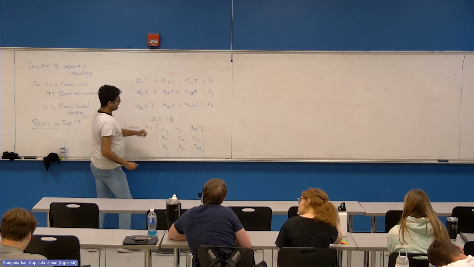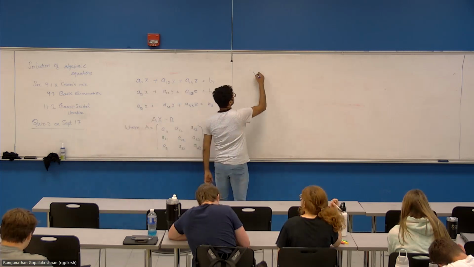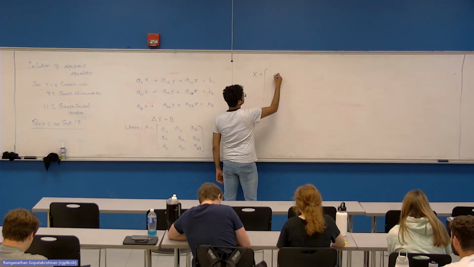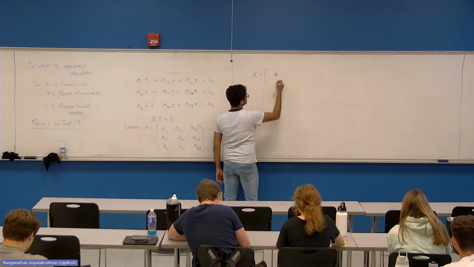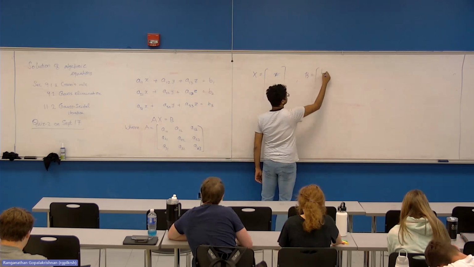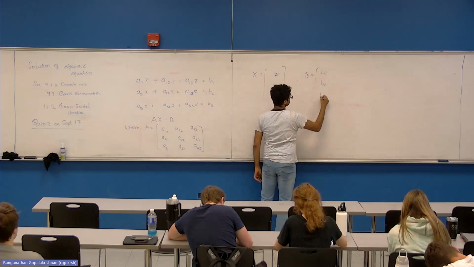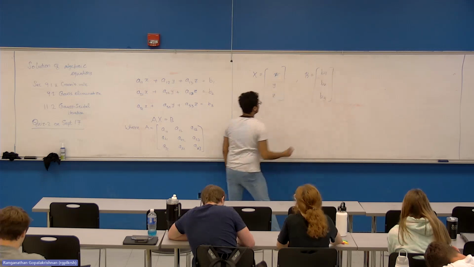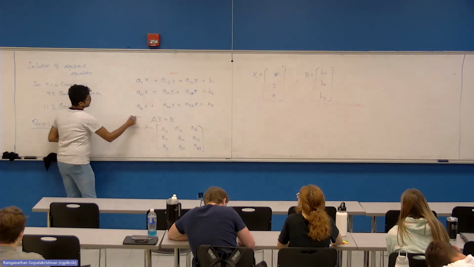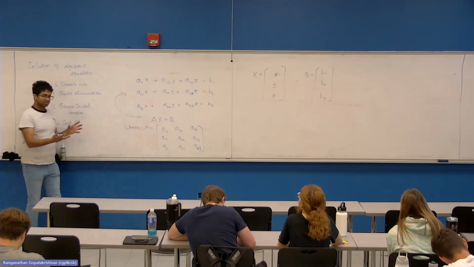And this matrix X is a column vector, X, Y, Z. And B is another column vector, B1, B2, B3. What I'm saying is AX equal to B is a shorthand notation for writing it out like this.